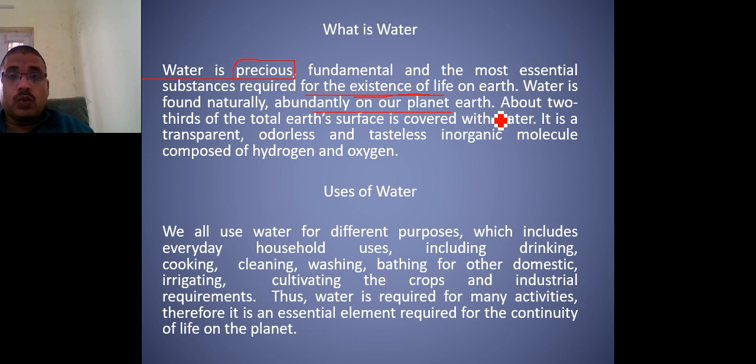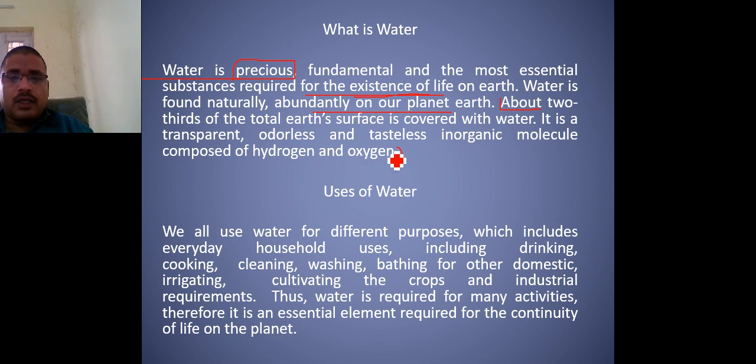About two-third of this point is just for knowledge purposes. Up from here to here is just for knowledge. For the notes, these three lines are very important. About two-third of the total Earth's surface is covered with water, and it is a transparent, odorless, and tasteless inorganic molecule composed of hydrogen and oxygen.